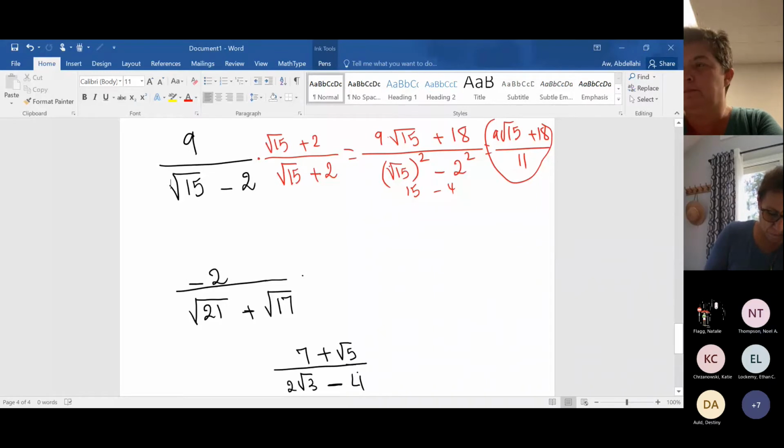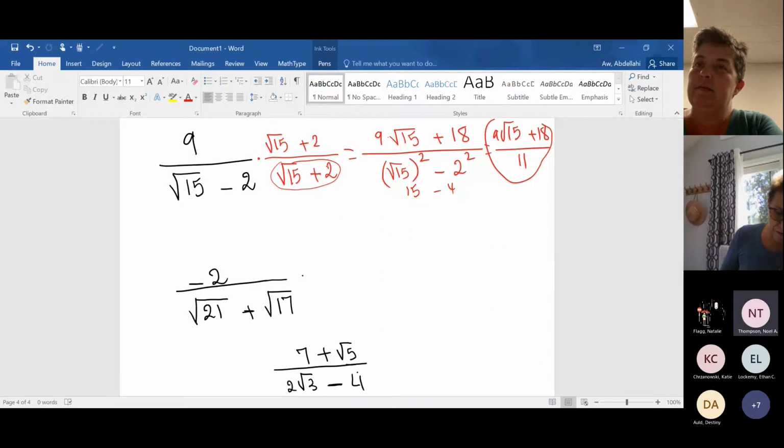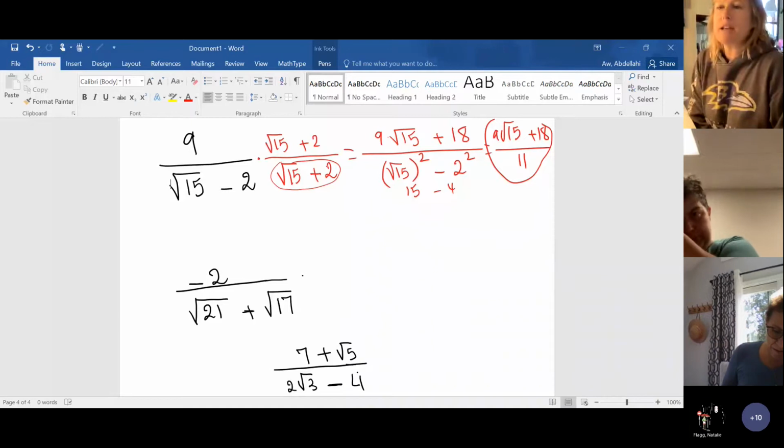No, for them to become conjugates, we need this number right here in order to remove the square root from the bottom. When you have a fraction, whatever you do at the bottom, you have to do the same at the top, to balance that out. Got it. Thank you.